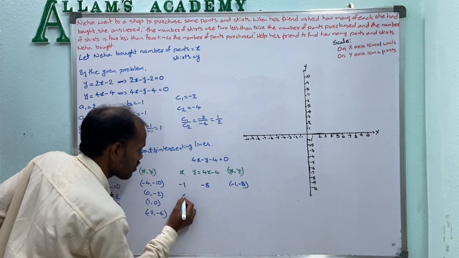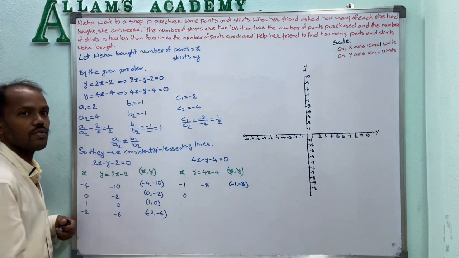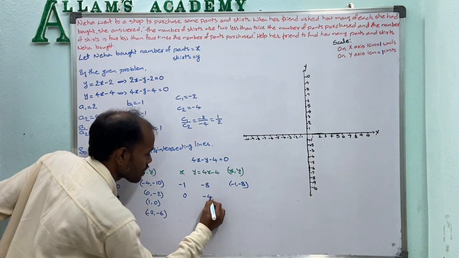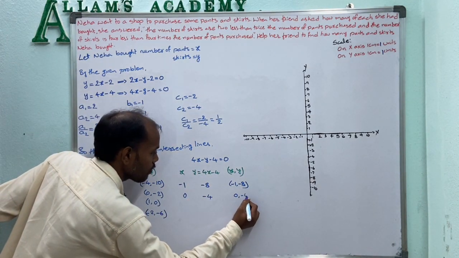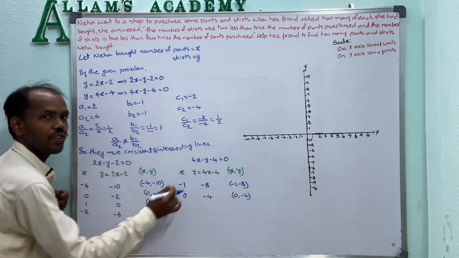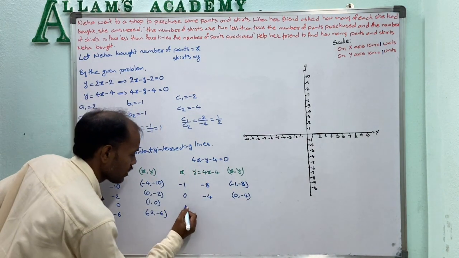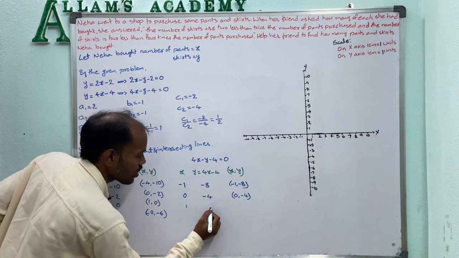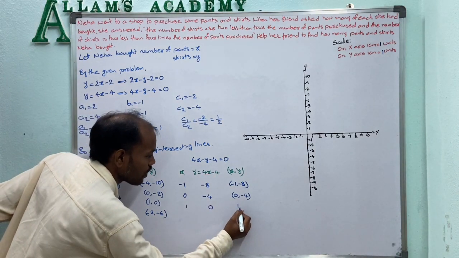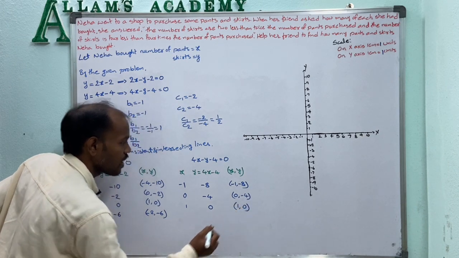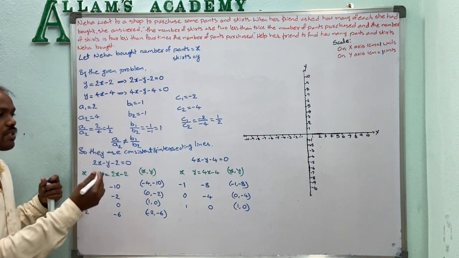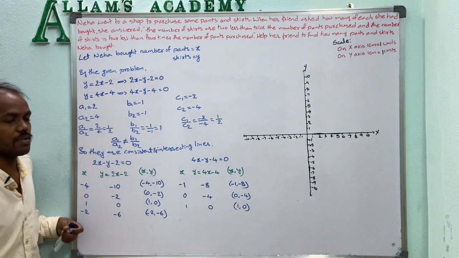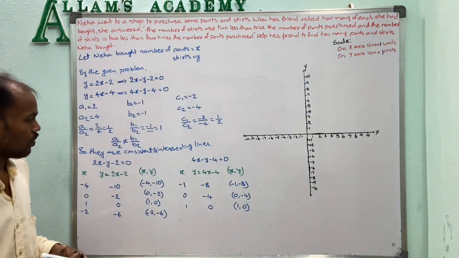If x equals 0, 4 into 0 is 0, 0 minus 4 equals minus 4, so for 0, minus 4. If x equals 1, 4 into 1 is 4, 4 minus 4 is 0, so for 1, 0.